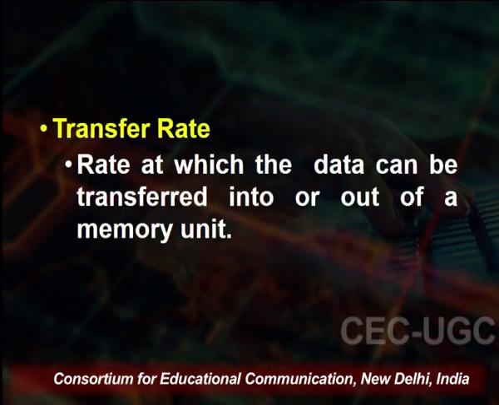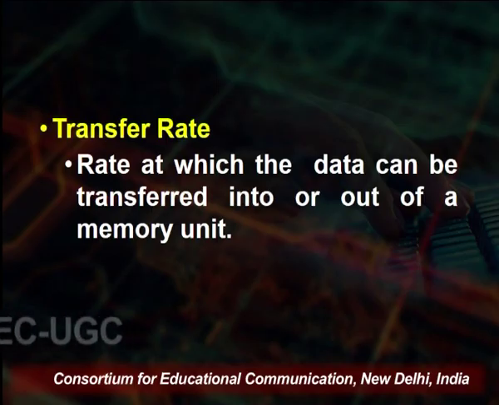Looking at the transfer rate, which is part of the performance, it is the rate at which data can be transferred in and out of the memory unit. How fast the message is sent for searching the information, it is accessed from wherever it was stored with whatever access methodology was being followed, and then retrieved and given back to the user.